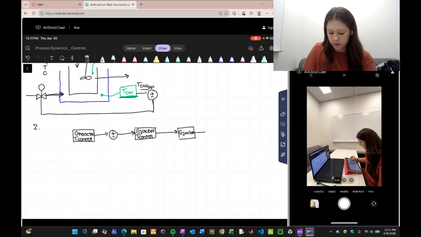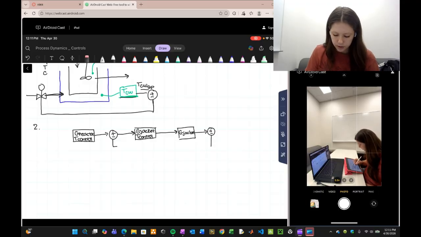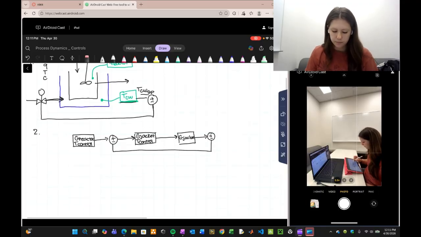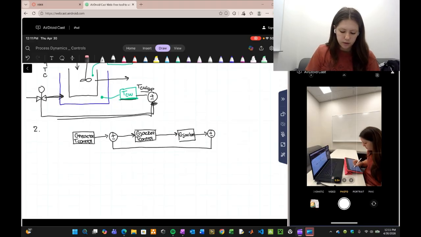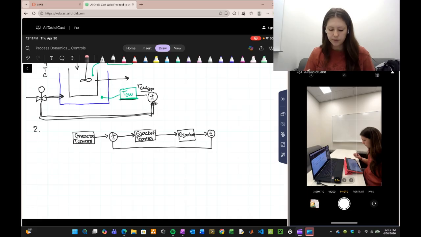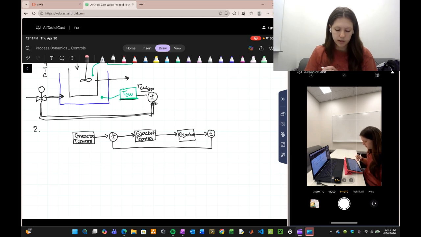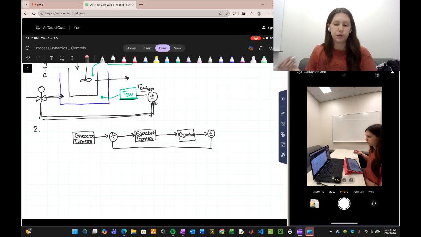which will then flow directly into the transfer function of just the jacket, G jacket, which will then flow into another controller that will be connected to the one over here, which is showing this connection of this probe over here being directly connected to the flow of what is being recirculated through the cooling jacket.